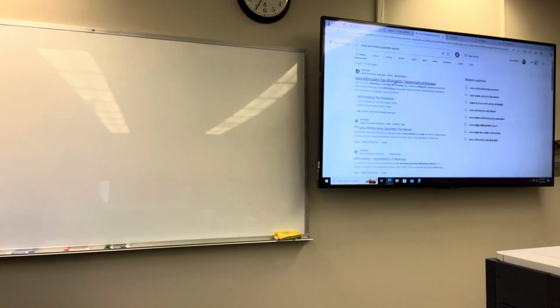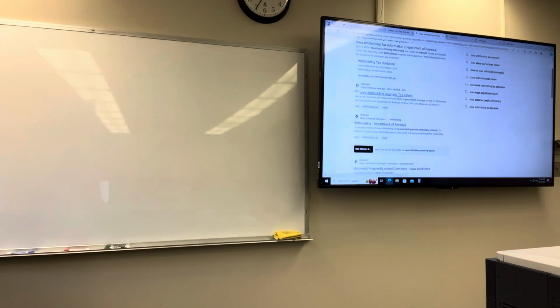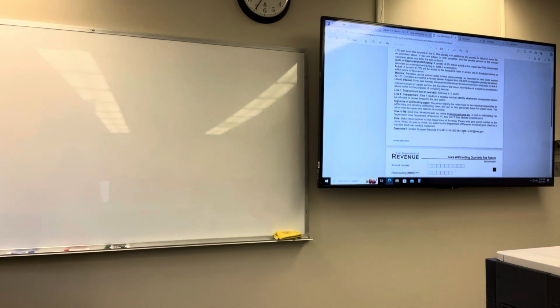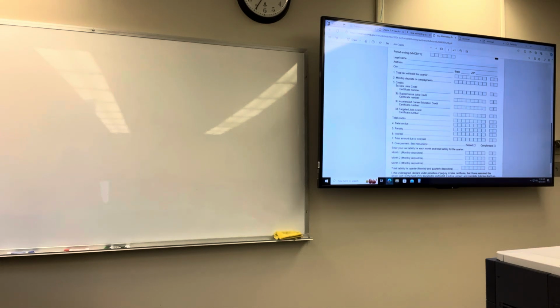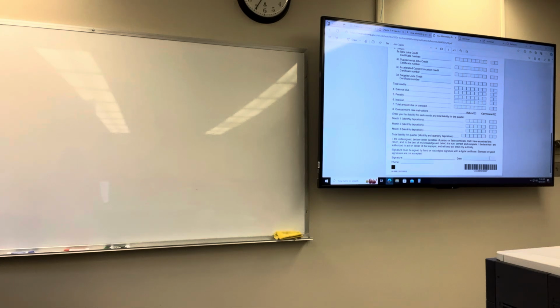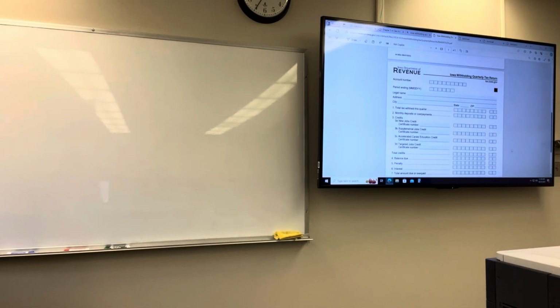Quarterly tax return. All right, so here's what an Iowa quarterly tax return would look like. So this is like the equivalent of the 941. Again, deposits may need to be made more frequently, right? Not paid at the quarter, but may need to be paid on a more frequent basis. But this is what the Iowa equivalent of the 941 would look like.